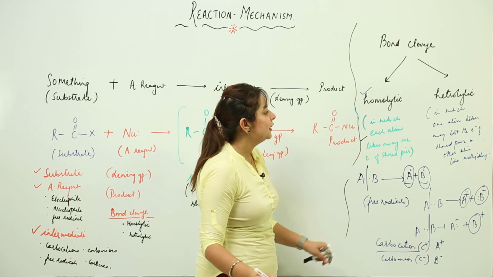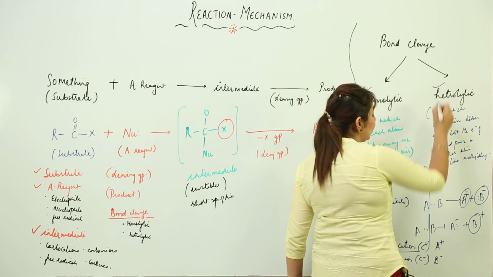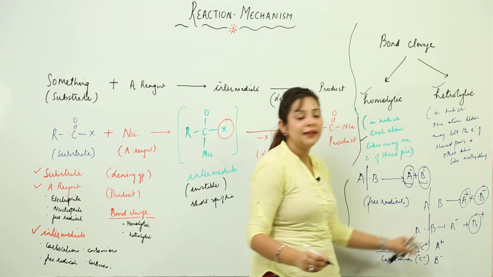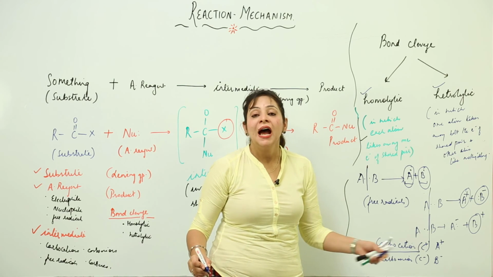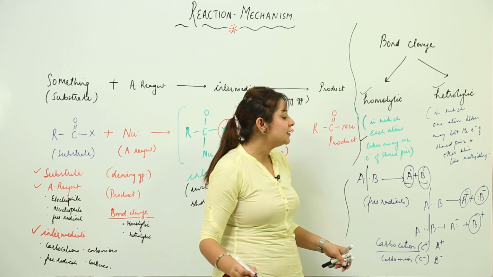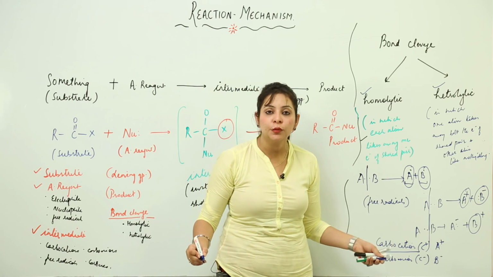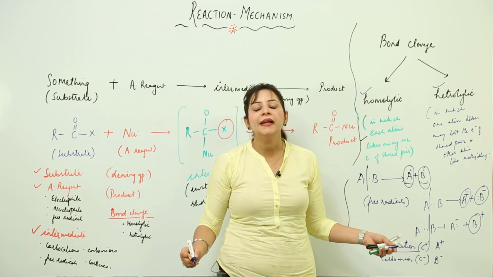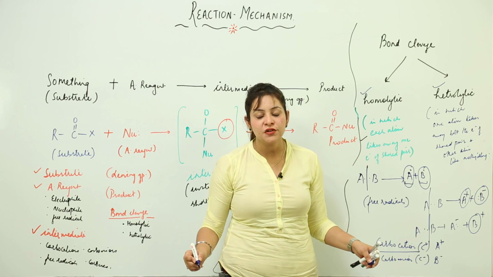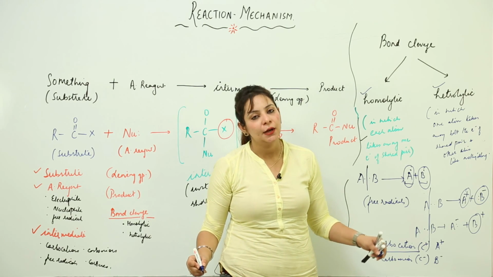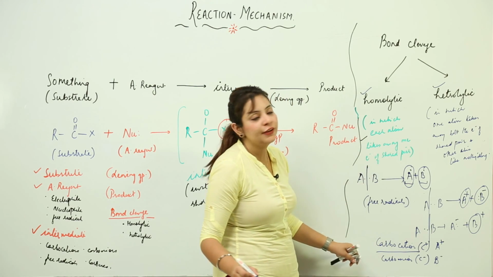So as a result of heterolytic fission, what do we get? The bond is cleaved in such a way that both the electrons are taken away by one atom, and the other is deprived of them. The one which takes both the electrons is called a carbanion, and the one which is deprived of electrons acquires a positive charge and is called a carbocation. So this is our fission.